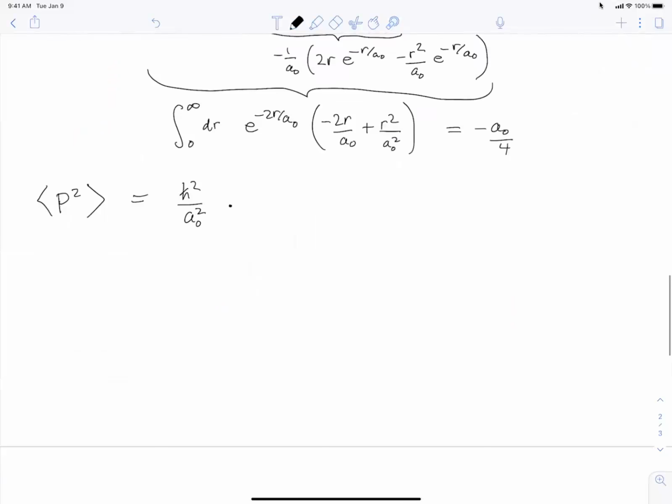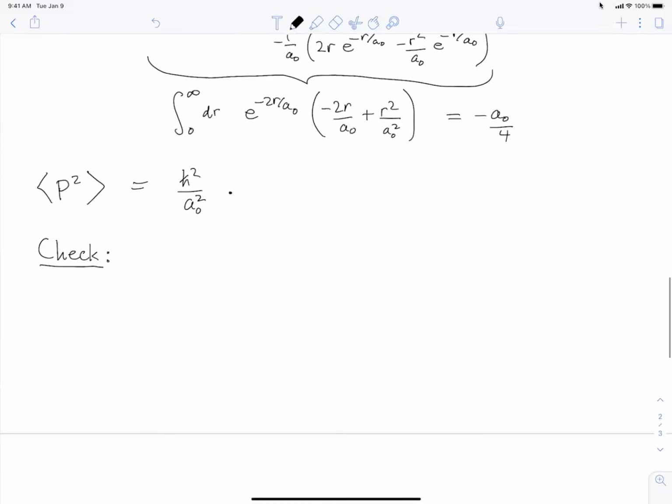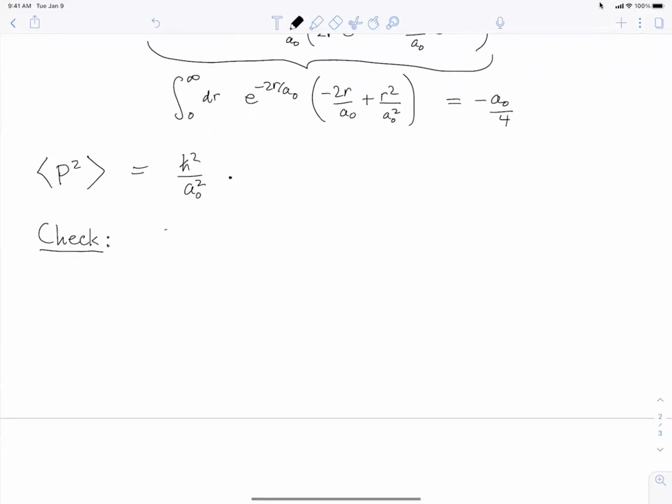So now we can check this, and when I say check this, this check is actually an alternative method that we could have used to do the computation, which, as you'll see, would have made things a little bit simpler. So the check is to think about the expectation value of the Hamiltonian in the ground state. That's easy because we know what the energy of the ground state is already, so we know its expectation value.